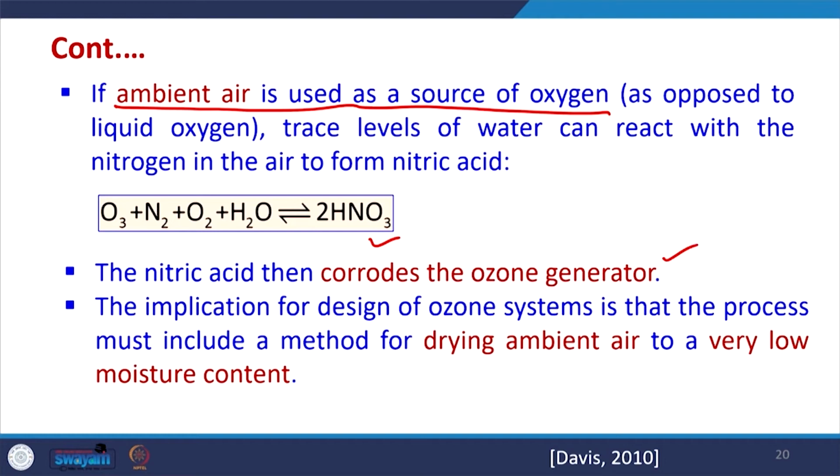The implication for the design of an ozone system is that the process must include a method of drying the ambient air before using it. So, ambient air should be free of moisture or should have a very low amount of moisture. Otherwise, nitric acid formation may happen and it will corrode the ozone generator system.